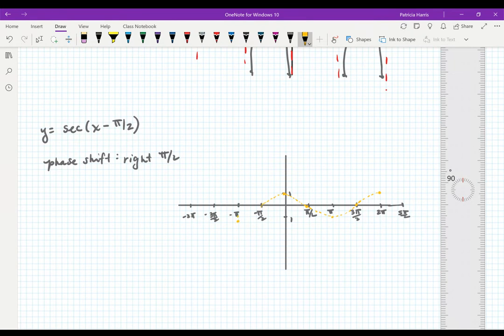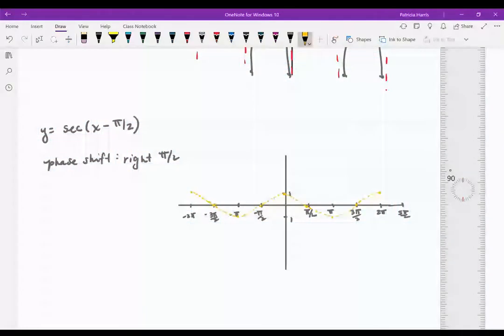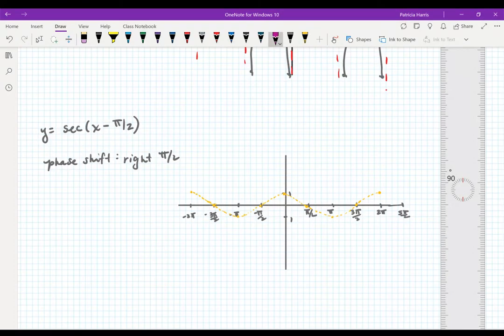Whoops, too high. Okay, so this is cosine without the phase shift. Let's do one with the phase shift. So if I phase shift right pi over 2, that shoves everybody over 1 tick mark.